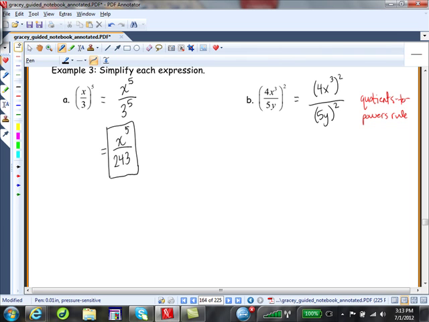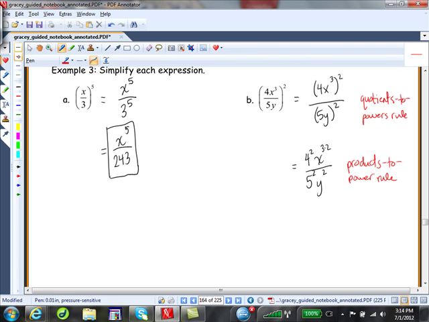Now we're going to use the products-to-powers rule from before. So this will give us 4 squared x to the 3 times 2 over 5 squared times y squared. So this is the products-to-powers. And then, of course, in the numerator, we had power raised to a power.